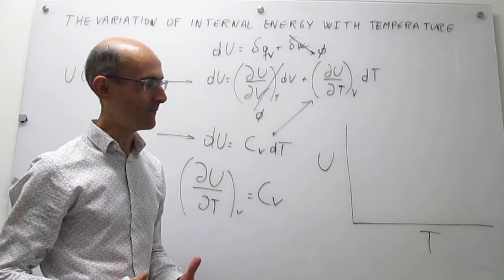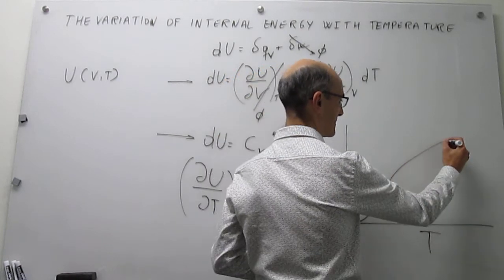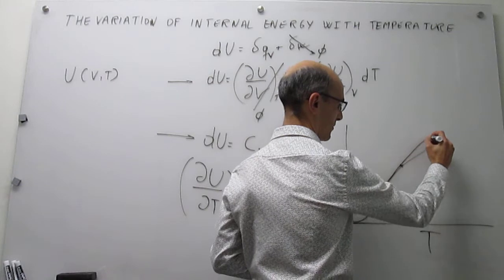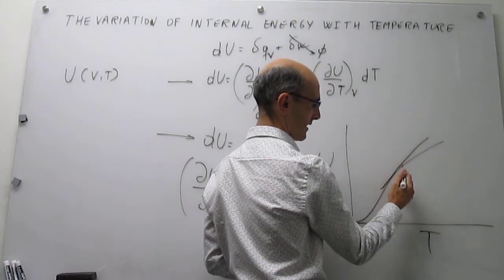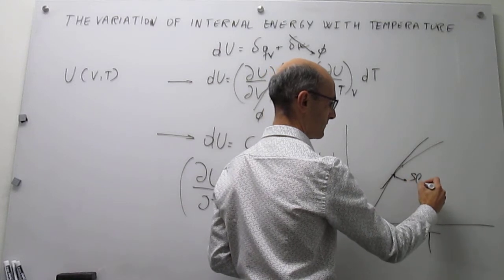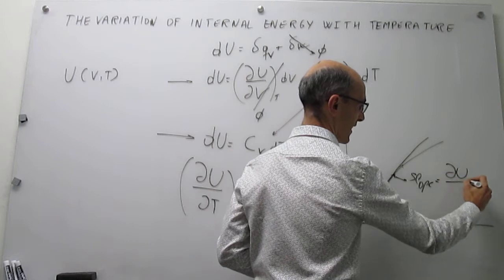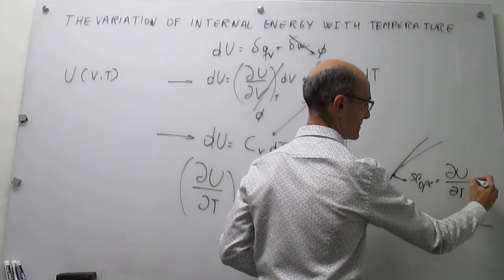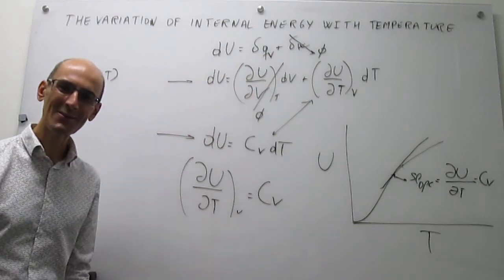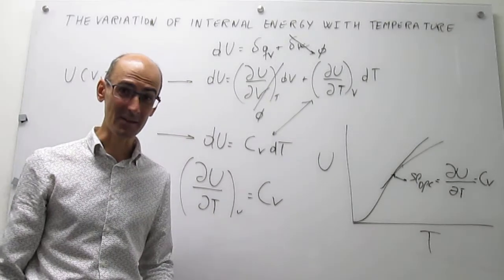That means that the heat capacity is positive, so you're going to have a graph that looks like this. Again, a key is that the slope of a line tangent to this representation is simply going to be the first derivative of the internal energy with respect to temperature, which is the same thing as the heat capacity at constant volume. So that's how the internal energy depends on temperature: it is just the heat capacity at constant volume.